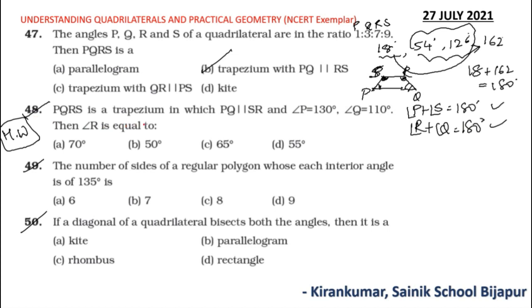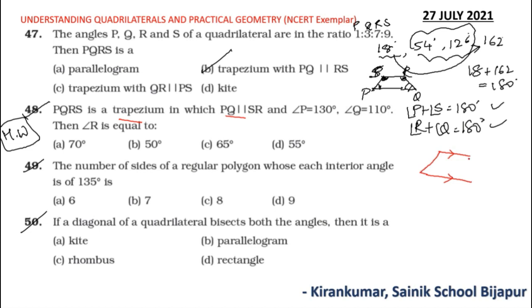PQRS is a trapezium in which PQ is parallel to SR, angle P is equal to 130 degrees, angle Q is equal to 110 degrees, then angle R is equal to? Since it's a trapezium in which PQ is parallel to SR, let me draw a rough figure. Suppose this is a trapezium.